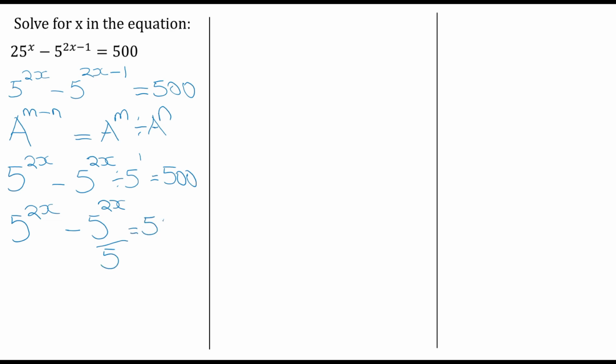5 to power 2x is common, so we let 5 to power 2x be equal to y. So what you have here is y minus y over 5 is equal to 500.